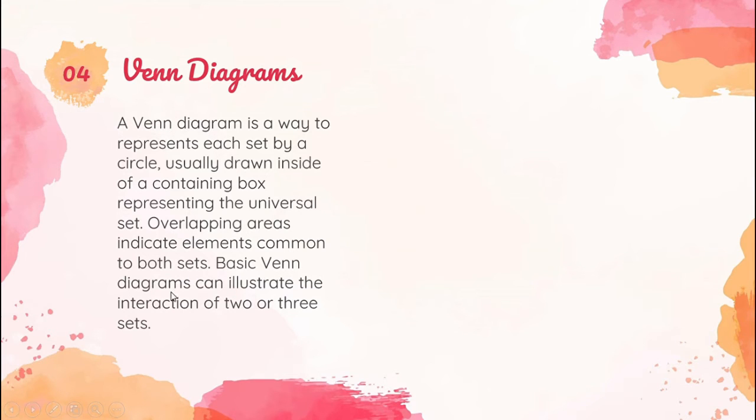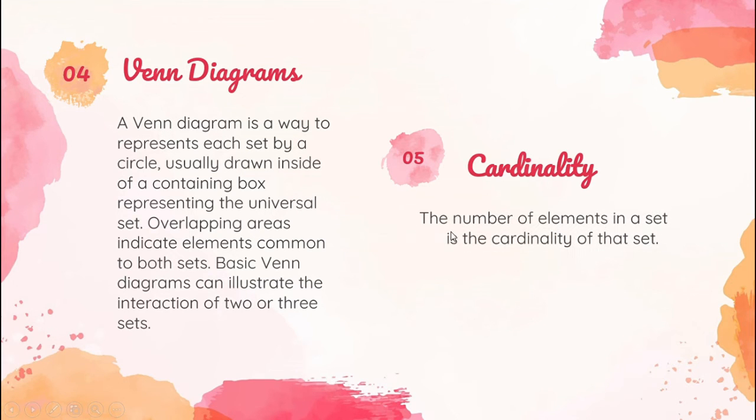Basic Venn diagrams can illustrate the interaction of 2 or 3 sets. 5. Cardinality. Okay. The number of elements in a set is the cardinality of the set. The cardinality of a set is often notated as |A| like this, or n(A).